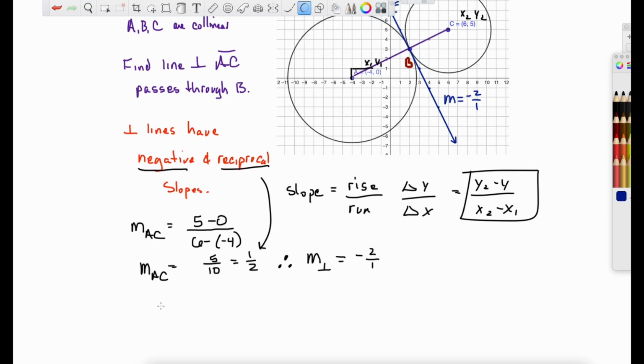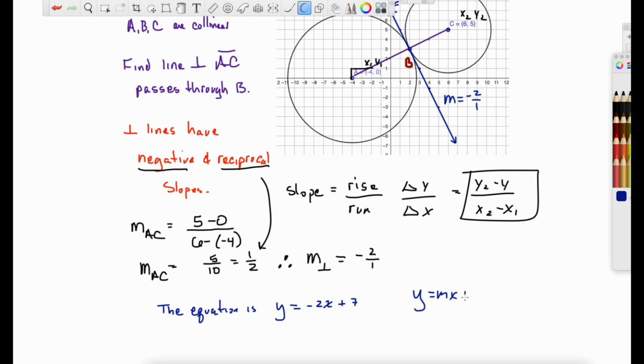So our equation for this line is going to be y equals negative 2x plus 7. We're going to put this in y equals mx plus b form.